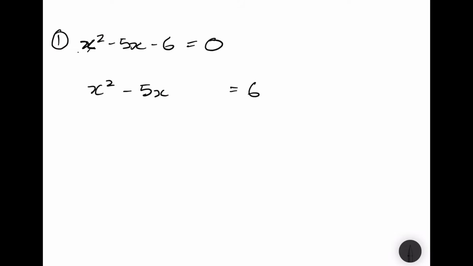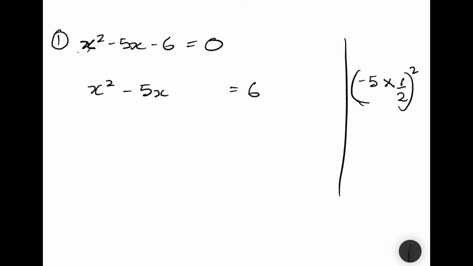Now, we take the middle term and divide it by 2, or you can say we multiply it by half. I'm going to do this over here. So I'm going to take the middle term and multiply it by half, and thereafter I am going to square it. So I'm going to take negative 5, multiply that by a half, and square the entire thing, right?